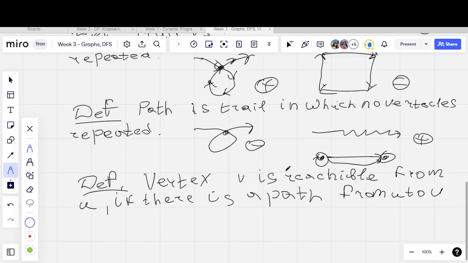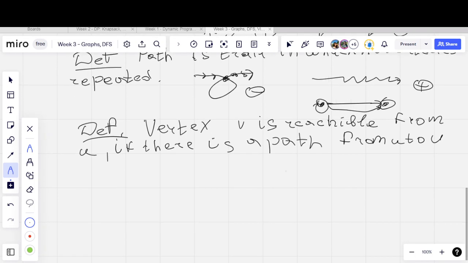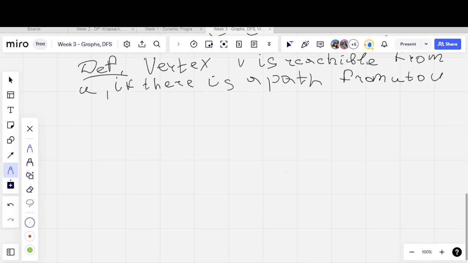Because if we have some trail, for example, we can always consider a path in this trail. We can find it.